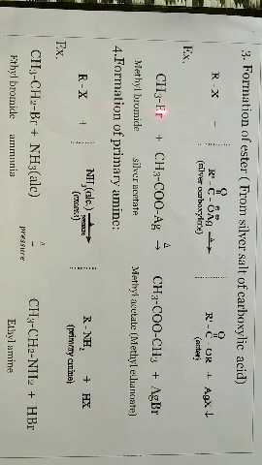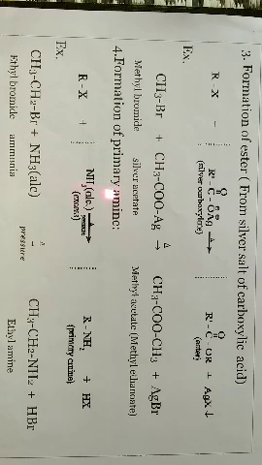The example is CH3Br plus CH3COOAg, which gives CH3COOCH3 plus AgBr. This is silver acetate and we will get methyl acetate. CH3COO is the acetate group. So this Ag replaces the Br. We get the CH3COO-CH3 bond formed and AgBr as a precipitate.